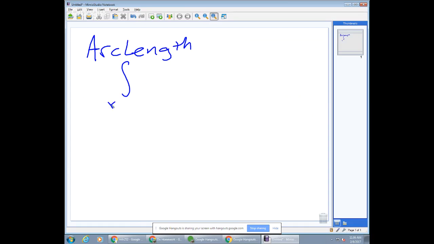It's the integral, if I'm using a function of x, as x goes from a to b, of the square root of 1 plus f prime squared. There's a similar version, pretty much identical, switching x's and y's if you're going the other direction. This is just a direct consequence of the Pythagorean theorem and a Riemann sum, and we looked at that the other day.